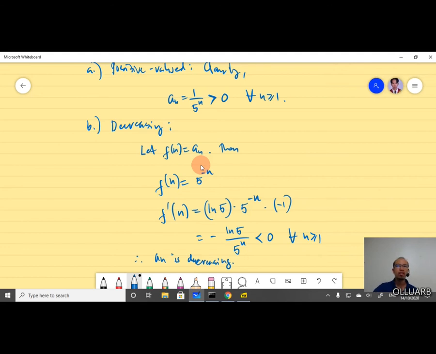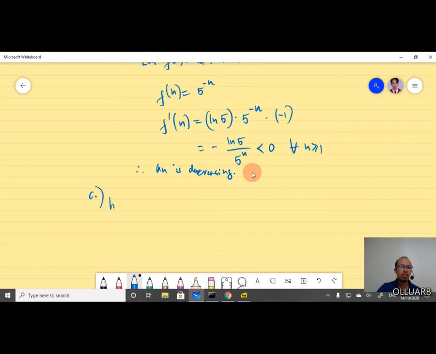So the third one, clearly the limit is zero as n approaches positive infinity.